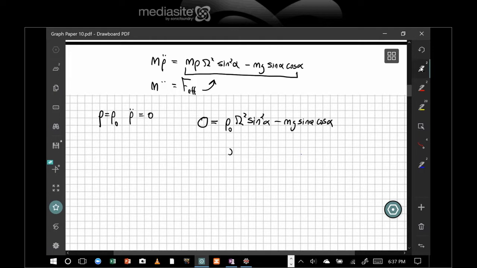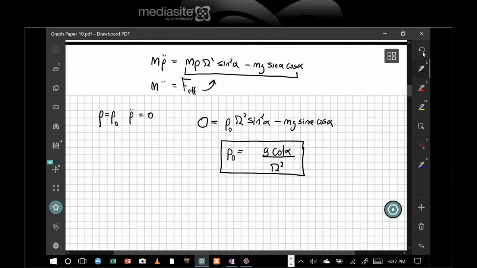Dividing by sine and bringing one term to the other side, I'm going to get rho naught equals g cotangent alpha divided by omega squared. That is an equilibrium position.